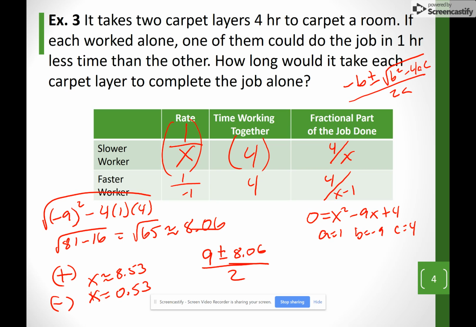I know on the rates, the faster worker, his rate was x minus 1. 0.53 minus 1 is going to give me a negative rate. The faster worker cannot be working at a negative rate. So I'm not going to accept that. I'm going to say the rate is 8.53.